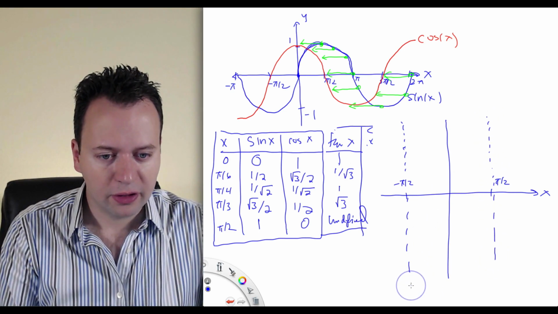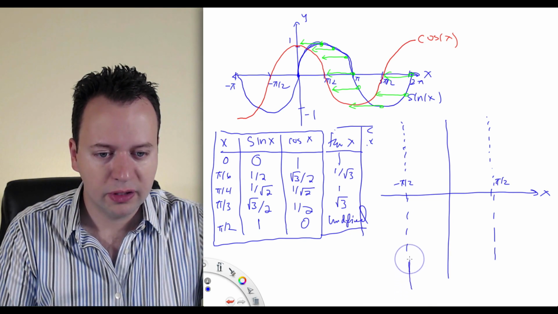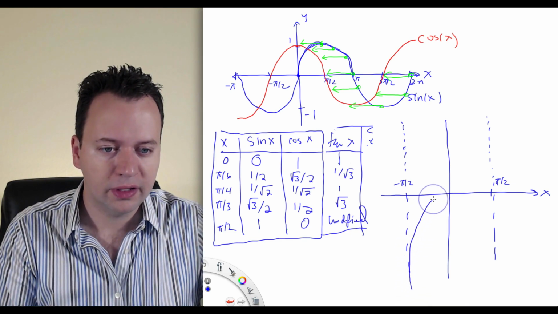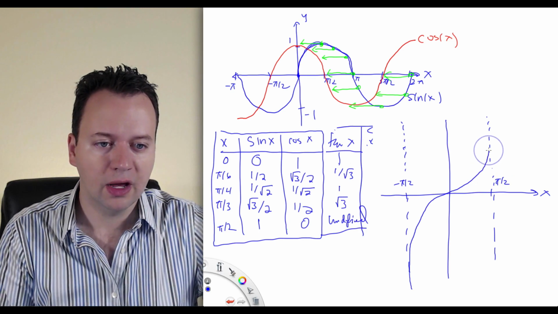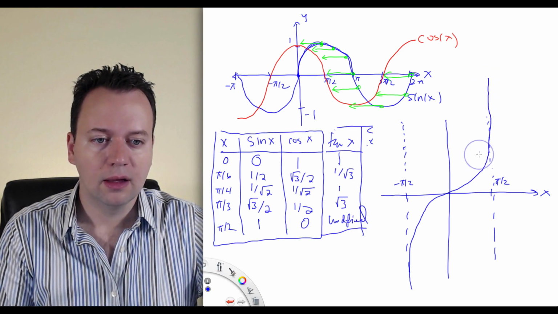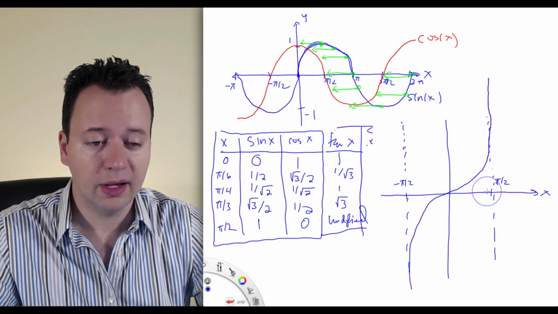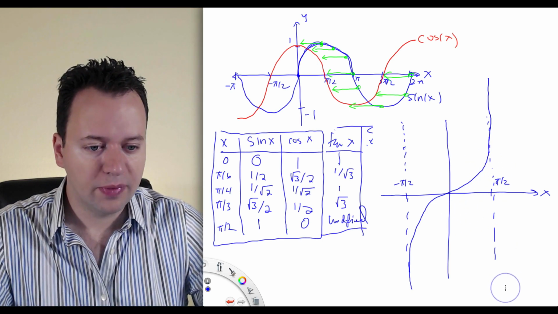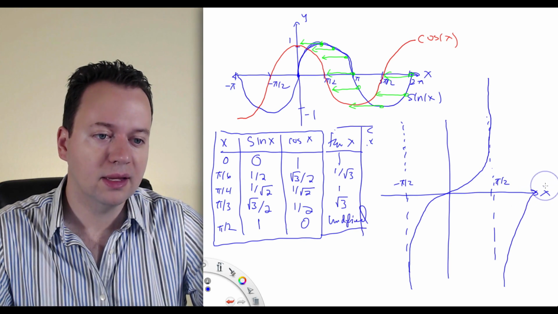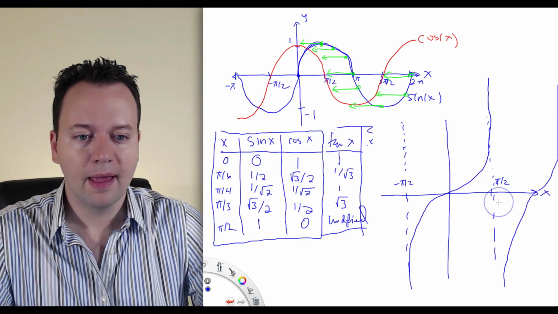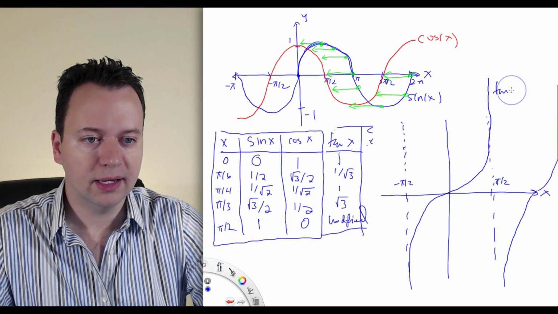The tangent function starts very close to this vertical line, and it curves in, and then it curves up, approaching this vertical line as you get closer and closer to pi over 2. And then that pattern repeats. It comes up like this, and then it goes up like that again. So that's what tangent of x looks like.